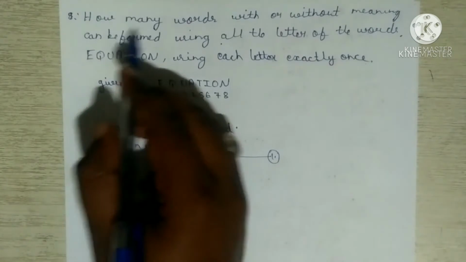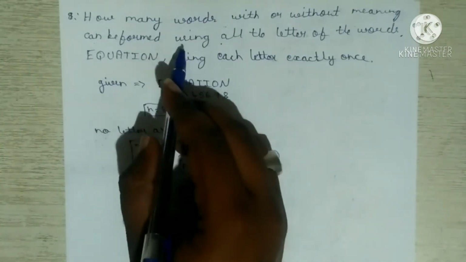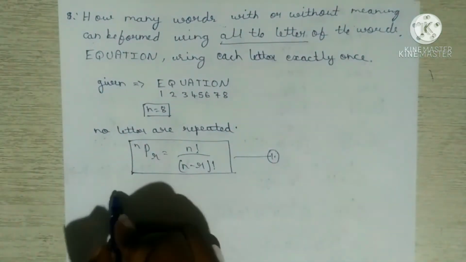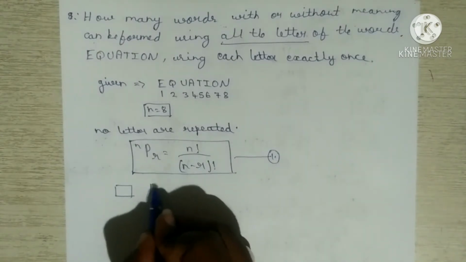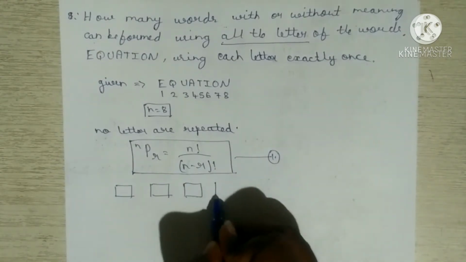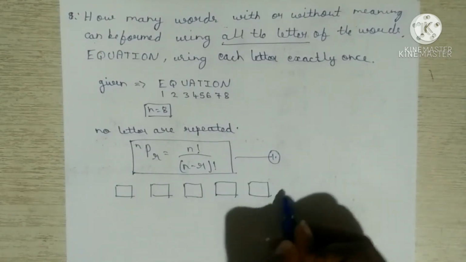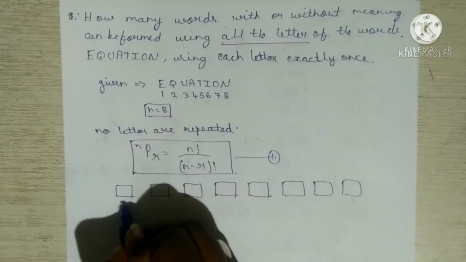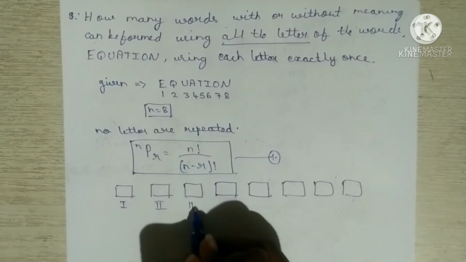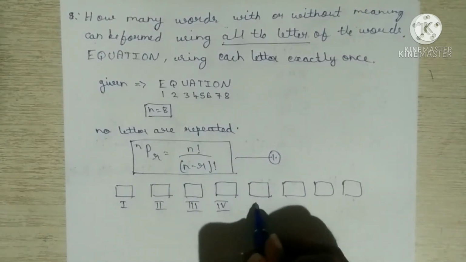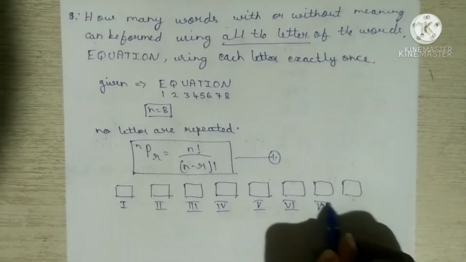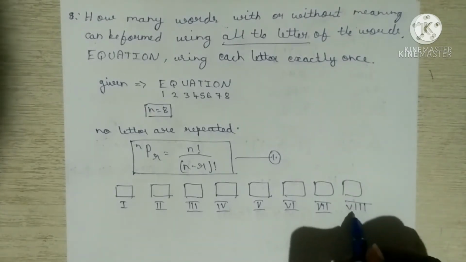How many words with or without meaning can be formed using all the letters? All the letters means we need to fill all 8 boxes. This is the first, second, third, fourth, fifth, sixth, seventh box and eighth box.